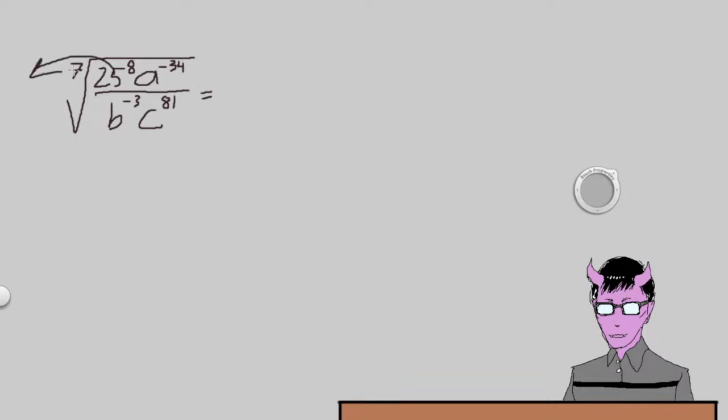So instead of starting to simplify at this point, why not just keep things the way they are, and instead start trying to rationalize some parts. But let's change these to positives first. So equivalent form. 25 to the power of 8, that's left alone.